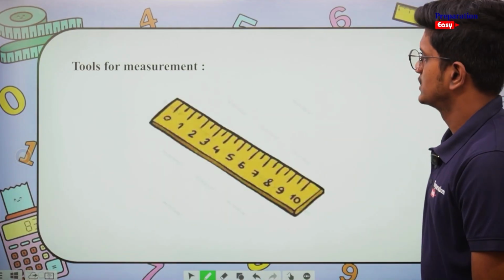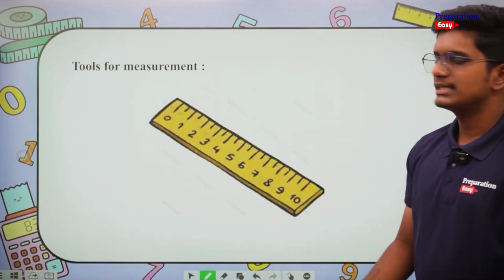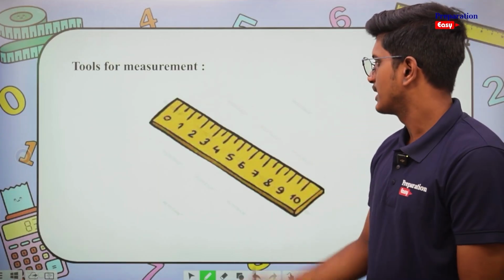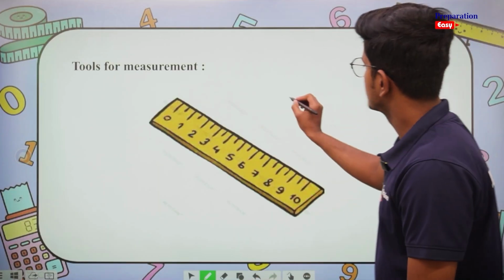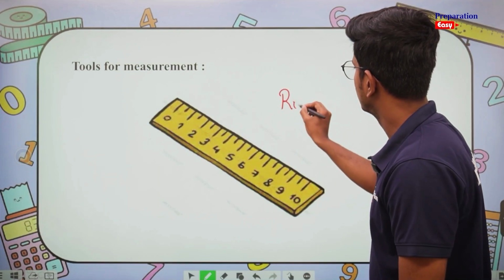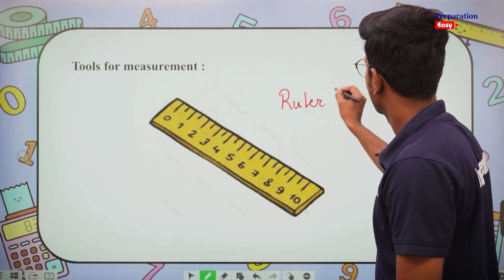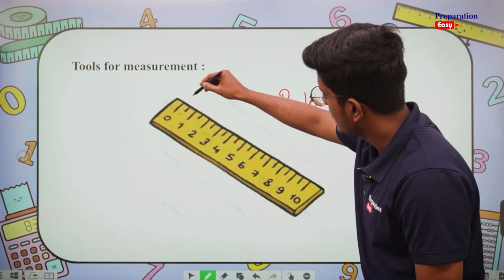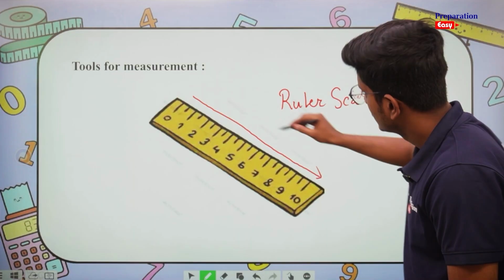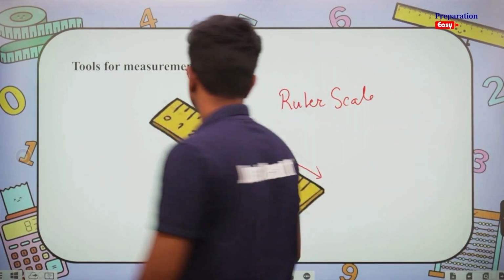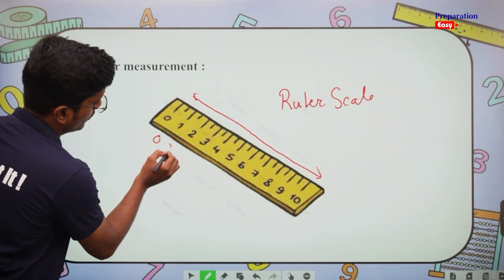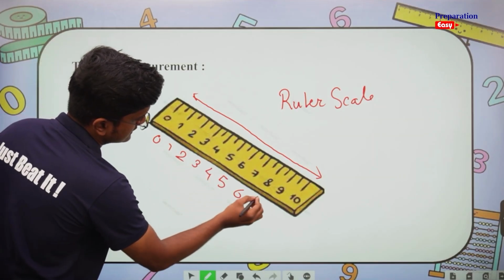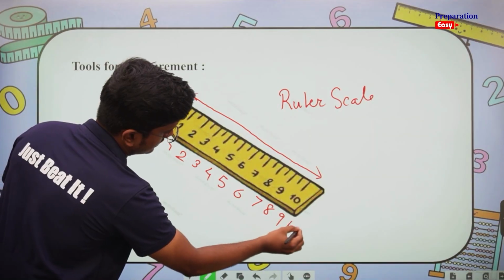Let's move next. Here we have something to measure length. How will we measure this length? There should be some standard to measure it. This is called a ruler scale. This ruler scale has 10 units, and this is 1 unit: 0, 1, 2, 3, 4, 5, 6, 7, 8, 9 and 10.